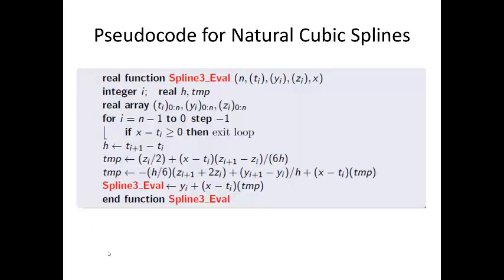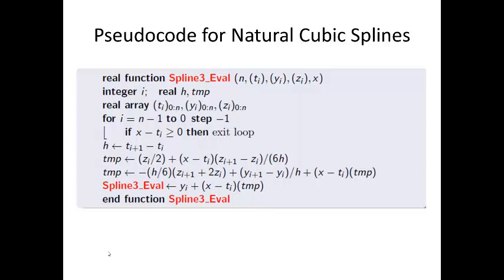Now, after getting the coefficients, we have a function called Spline3_Eval, and that's written for evaluating S(x) in nested multiplication form for the cubic equation for a given x. The procedure Spline3_Eval first determines the interval t sub i to t sub i plus 1 that contains x, and then evaluates s sub i(x) using the nested form of the cubic polynomial.